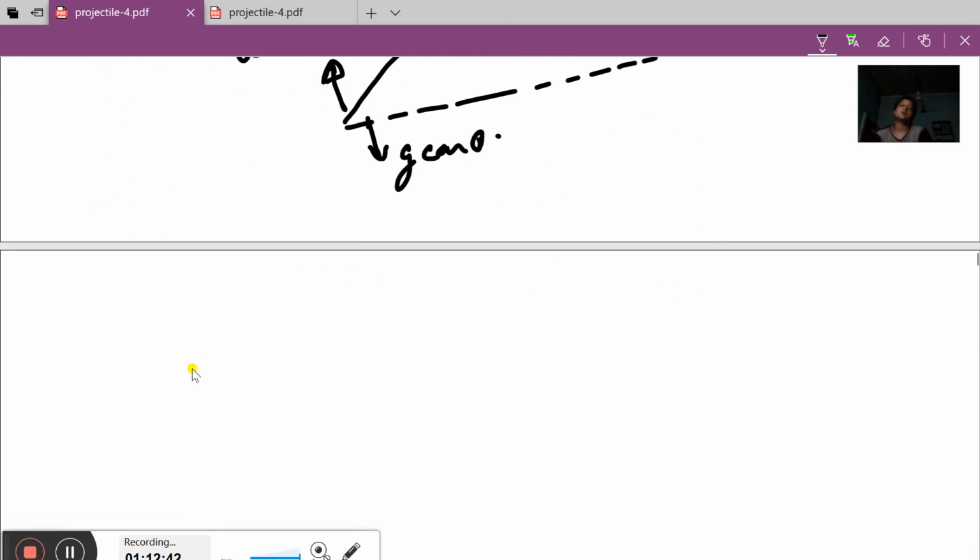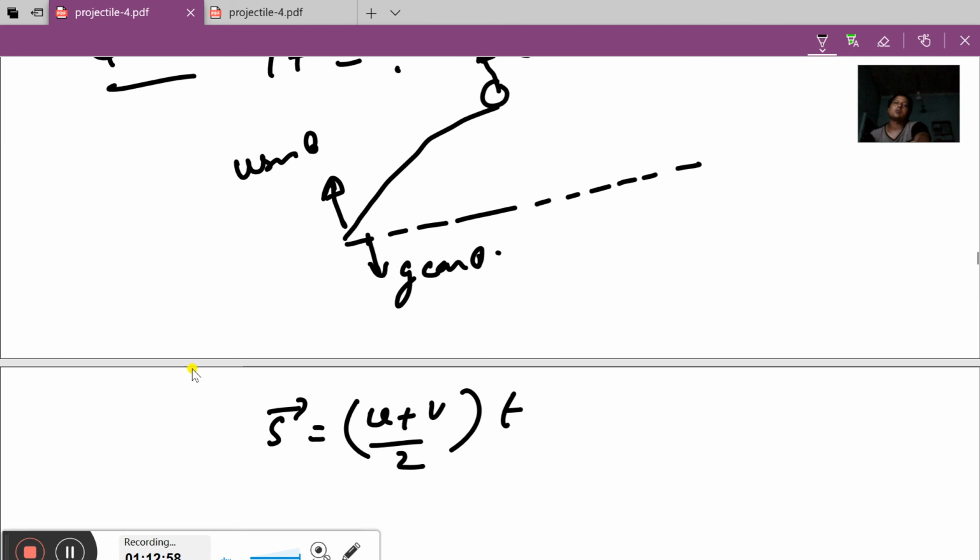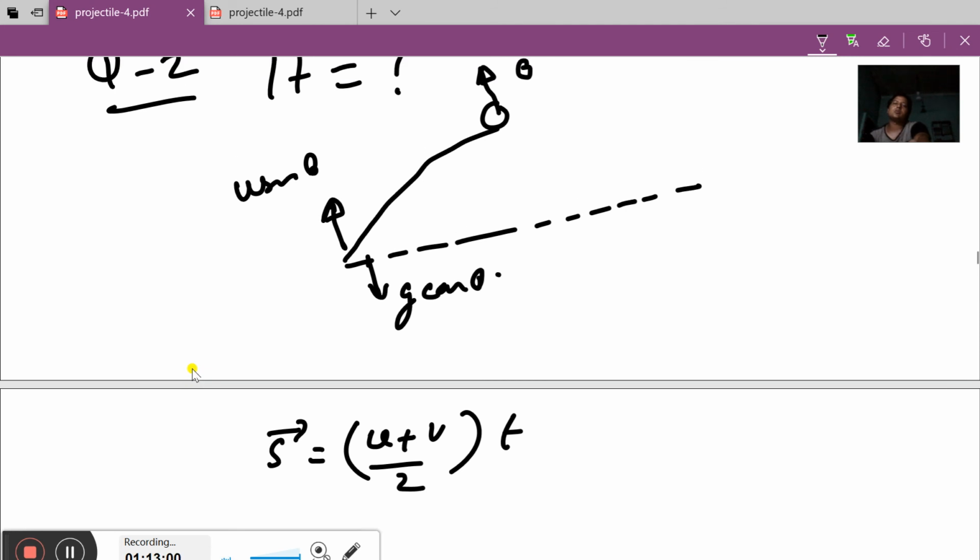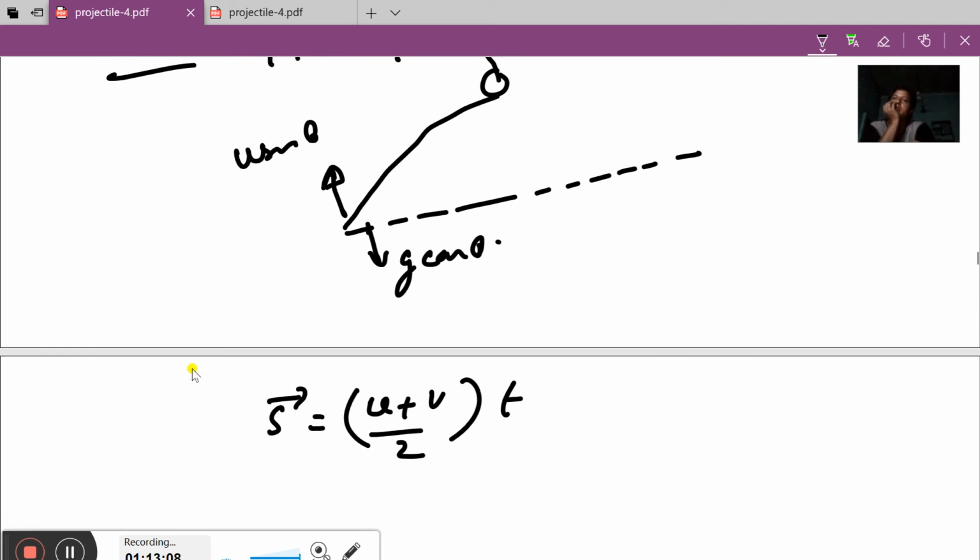So s equals u plus v over 2 into t can be applied.